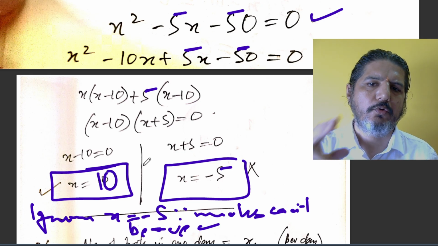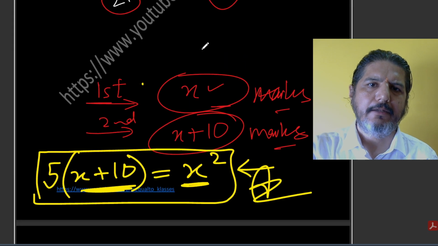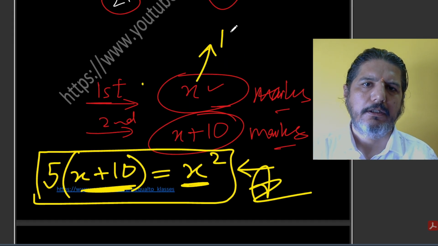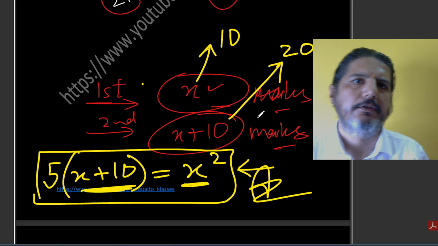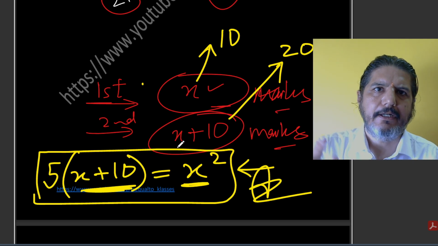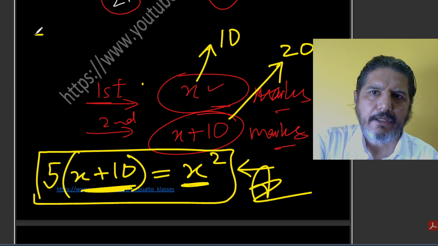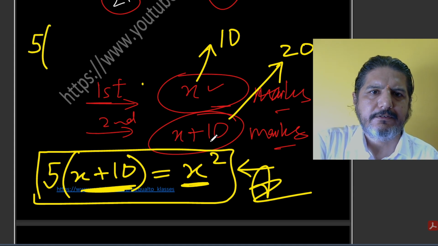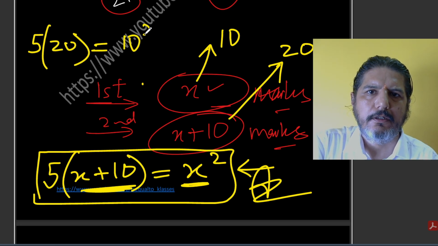So therefore, the marks are x is equal to 10. He has scored 10 marks in the first test and therefore 20 in the second. Now, is it satisfying the condition that was given in the question? 5 times the second is equal to the square of the first.